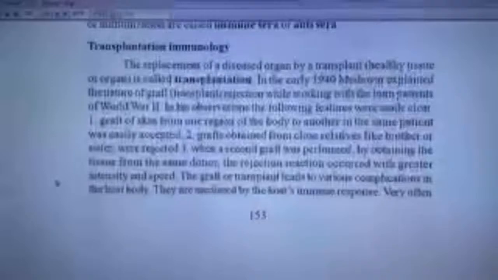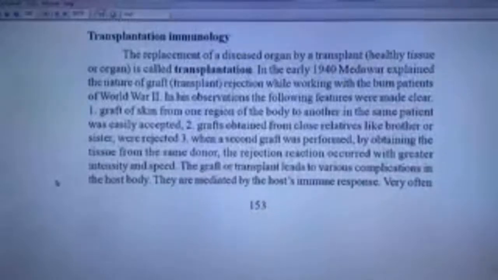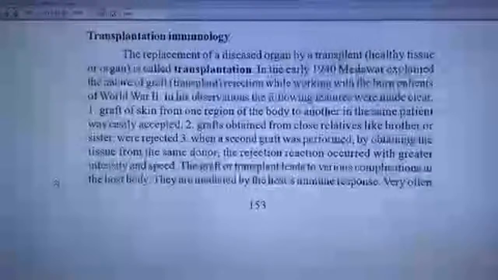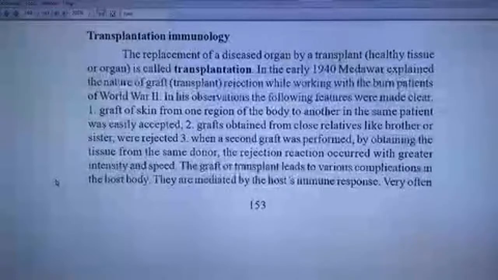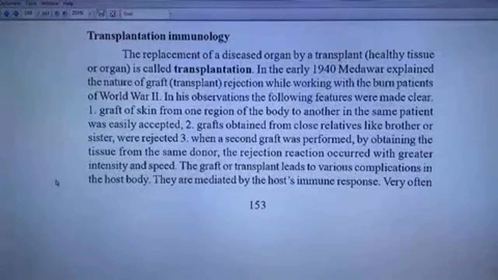Transplantation immunology. The replacement of a diseased organ by a transplant of healthy tissue or organ is called transplantation. In the early 1940s, Medawar explained the nature of graft transplant rejection while working with the burn patients of World War II. In his observation, the following features were made clear.